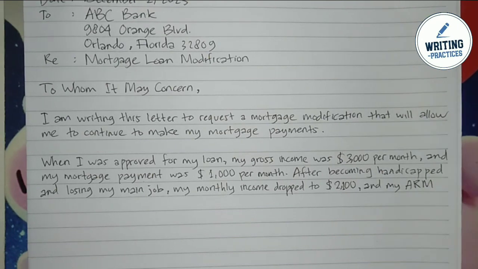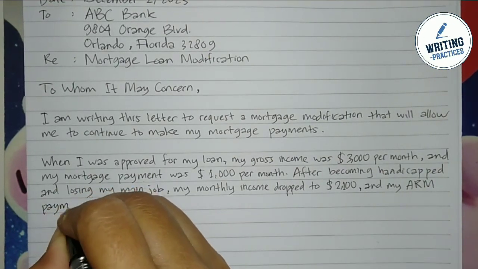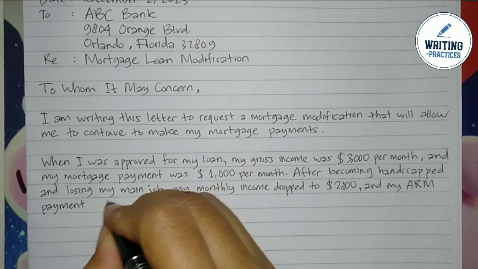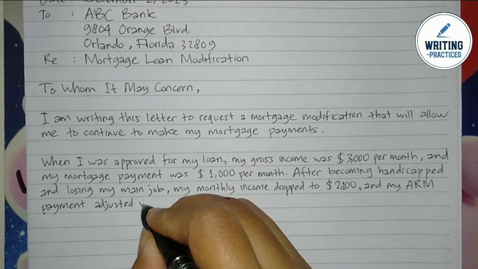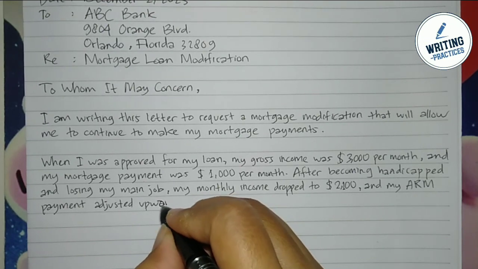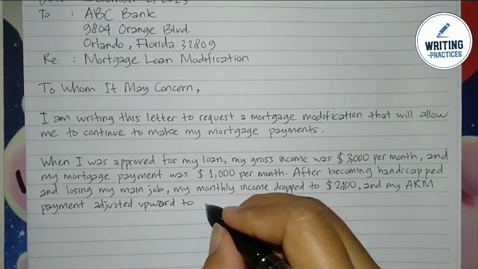Besides that, write also the current payment that you have to fulfill every month. In this example, the writer has to pay $1,200 per month with the current salary.